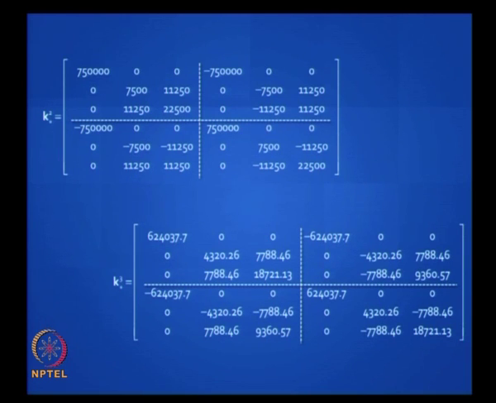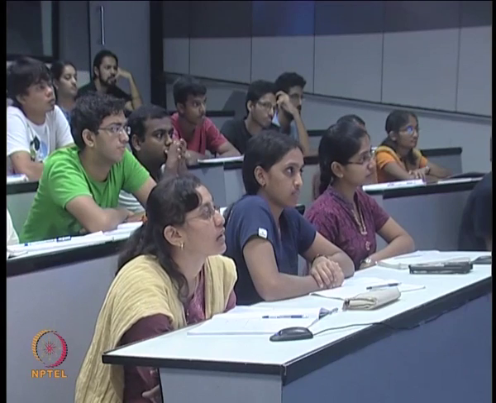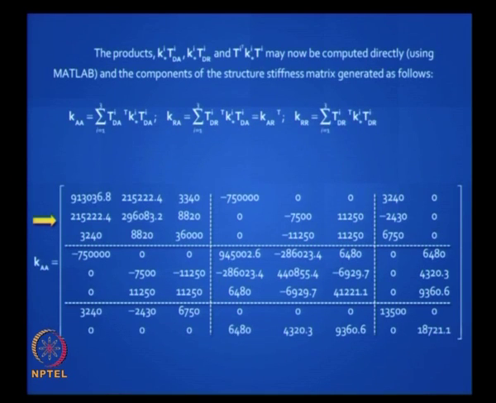TD transpose K star TD, which you can do in 2 stages. You can first do K star TD and then do the TD transpose, or vice versa. So it is best to program all this and let MATLAB do it.